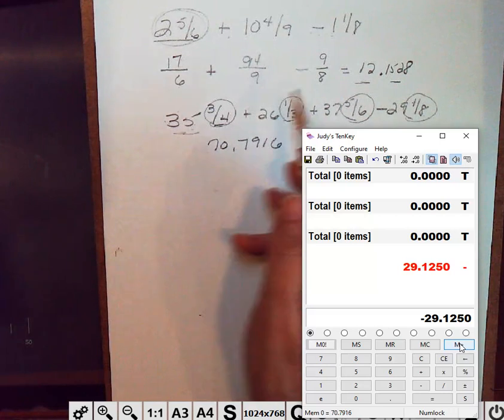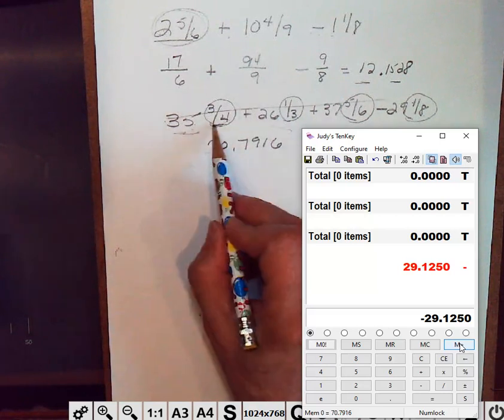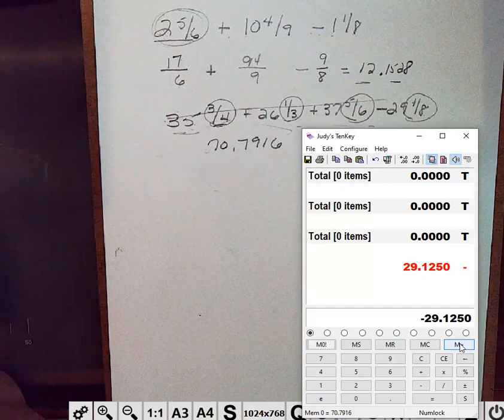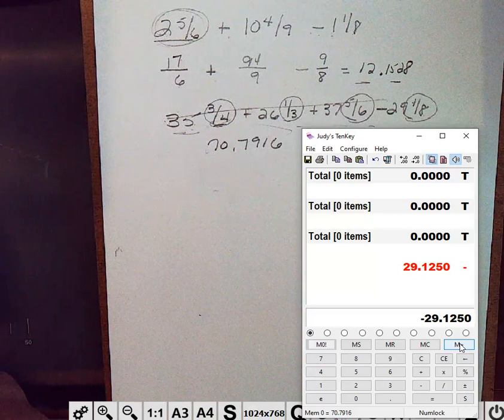I don't know if I would do it that way. I think I would do it this way. I think that's a better way. So think of money. You know a half is 50 cents. You know a quarter is 25 cents.